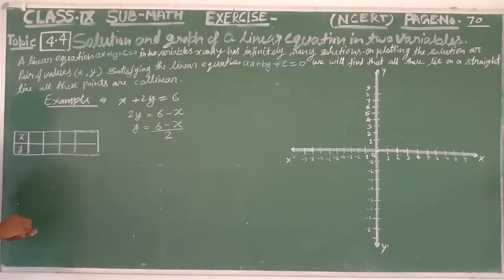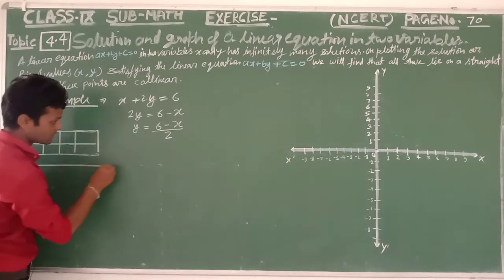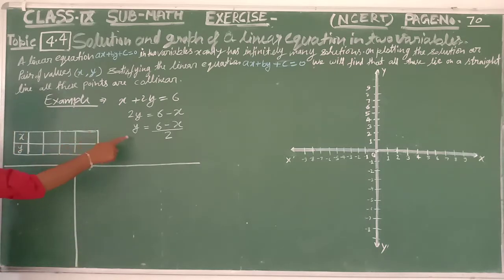First you take a value of x. I prepare a box for the first point. You write here y is equal to (6 minus x) upon 2. First we take the value of x as 0.